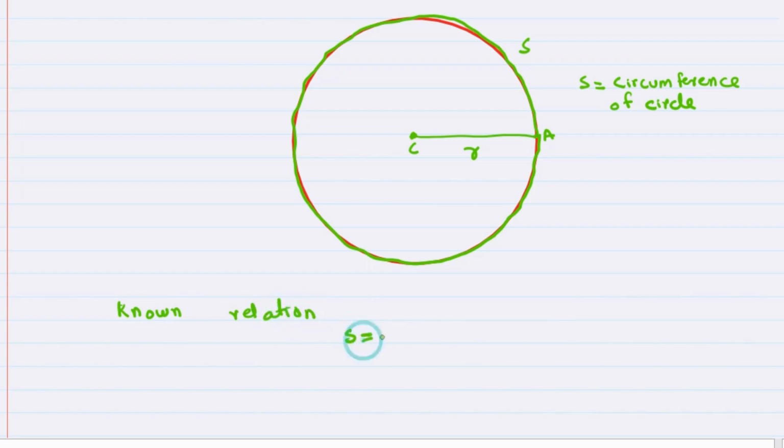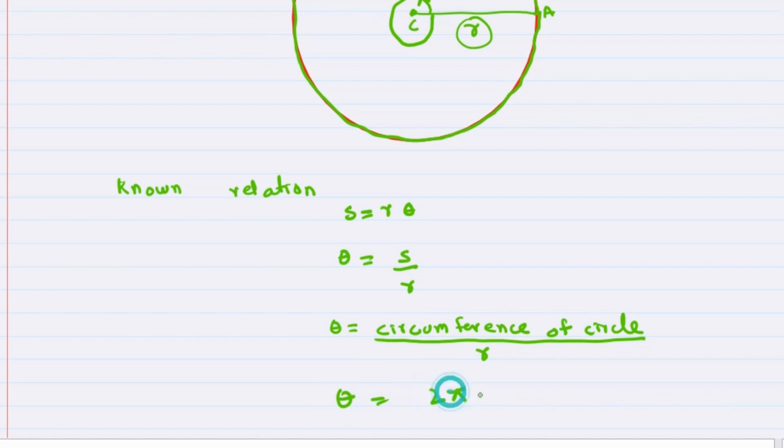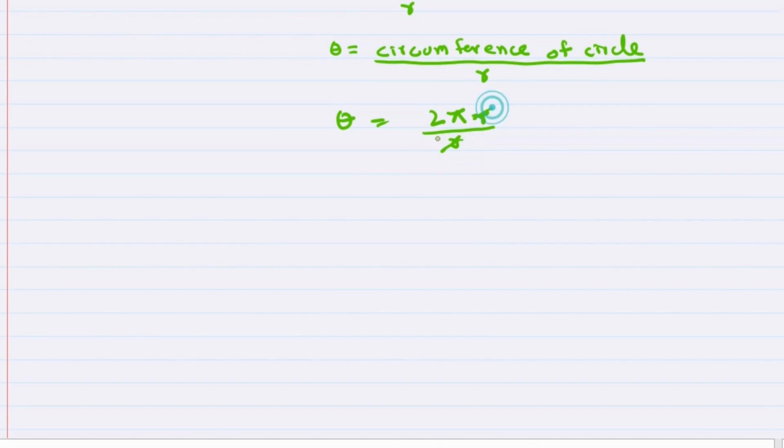We have known relation S is equal to R theta that relates the arc length S, this angle theta, and radius R. So we can write that theta is equal to S divided by R. But we already discussed that S is equal to circumference of circle divided by the radius R. Now circumference of the circle is equal to 2 pi R divided by R. Cancelling R and R, we get that theta is equal to 2 pi radian.